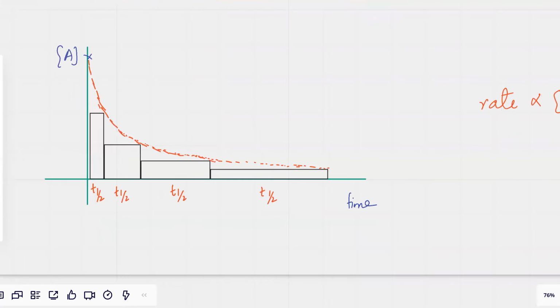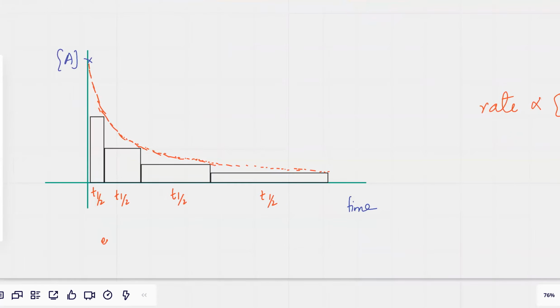So every successive half-life is double the previous half-life.